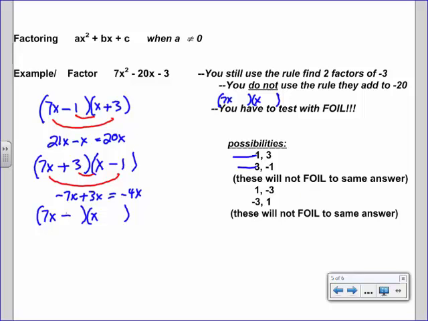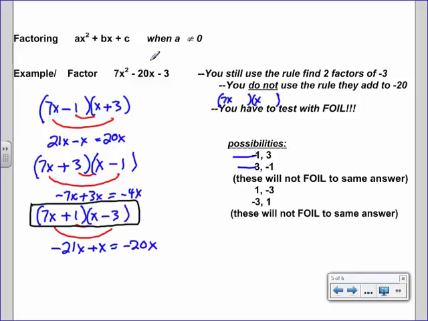So plus 1 minus 3, 7x minus 3, that would give us negative 21x plus 1x, or x, which gives us negative 20x, which is what we were looking for. It matches with this. So you found your factored form here.